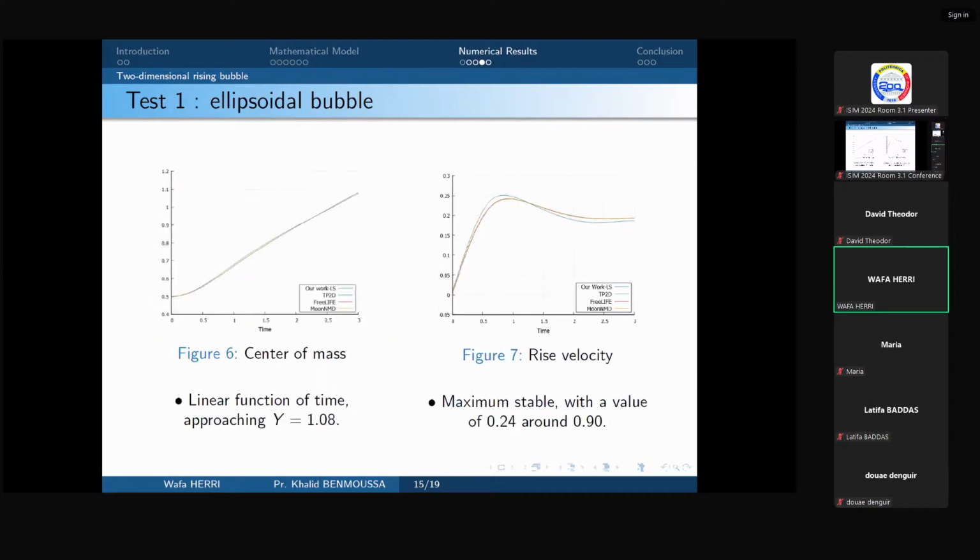Then we compared the evolution of the center of mass, which is approximately a linear function of time and approaches y equal 0.8 by the end of the simulation, as confirmed by the figure. The rise velocity shows a stable maximum reaching a value of 0.24 around t equal 0.9.